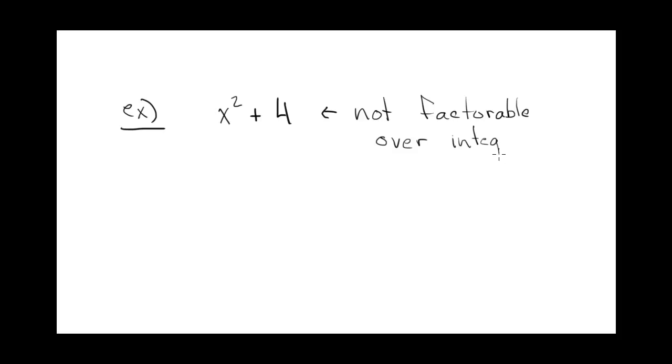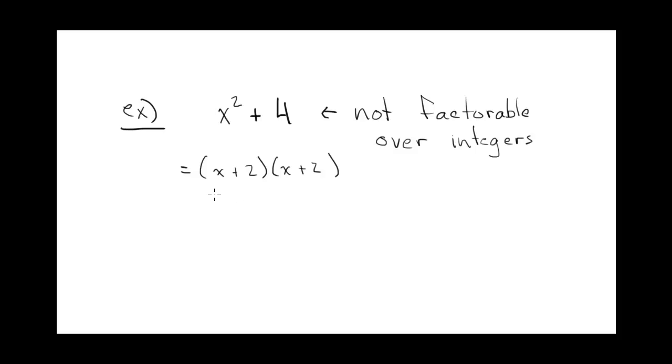Actually, yeah. So let's say you had x squared plus whatever, 4. This is not factorable over integers. Meaning you can't write it as a product of two binomials. Some people will attempt to do it. They'll say things like, okay, well, normally I just have to change the sign. So how about I just don't change the signs? What if I go plus 2, plus 2? Would that work?